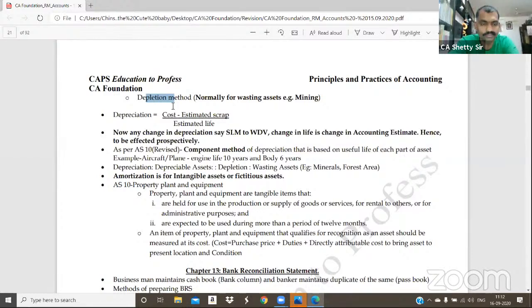Last remark, impairment. It is not in your syllabus. Impairment is the loss in value of an asset, tangible or intangible.